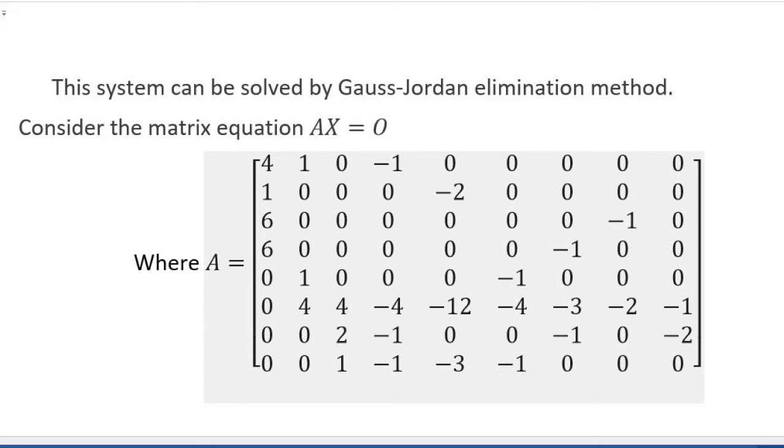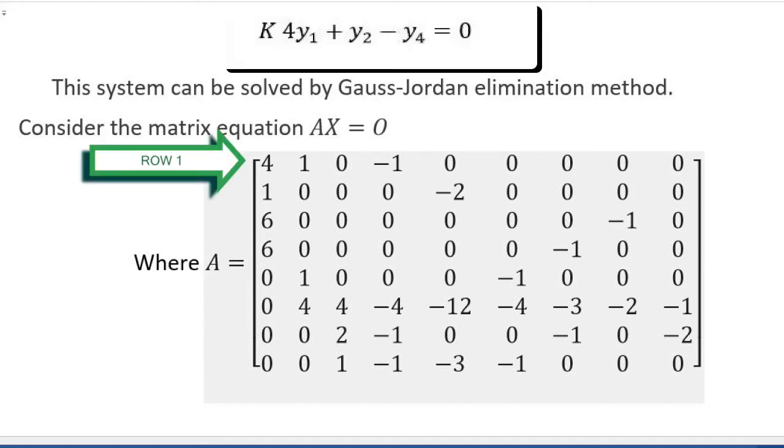Okay, now we will convert the homogeneous linear system into matrix form. These are what we equated to 0. For example, if we convert the elements for potassium, which is the first element in the chemical equation, it also serves as the first row in the matrix. For potassium, we have 4y sub 1 plus y sub 2 minus y sub 4 is equal to 0.